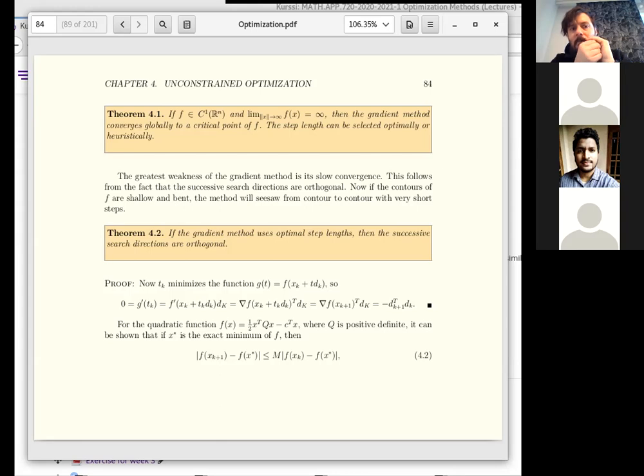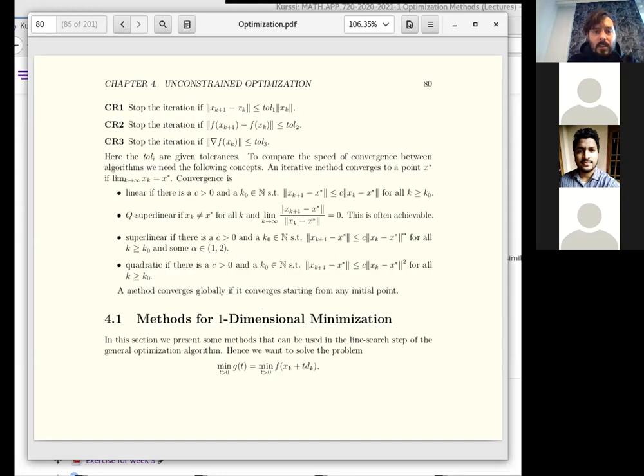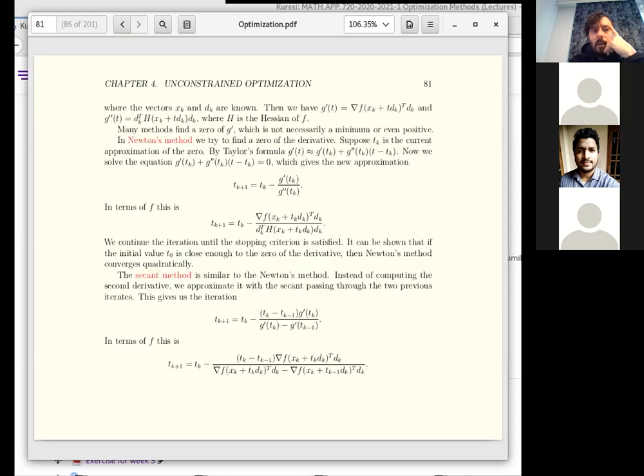We can show that if we find an optimal step length, meaning we optimize the step length with this minimization 4.1, where we minimize f of xk plus t dk, we go in the direction of the gradient until such a time as the function no longer decreases in that direction.